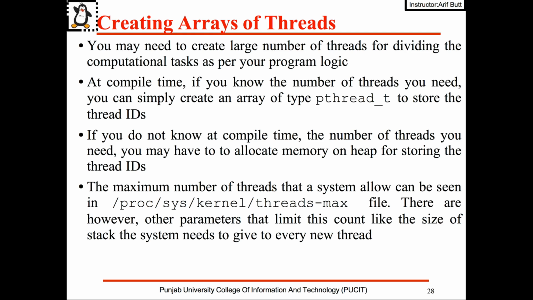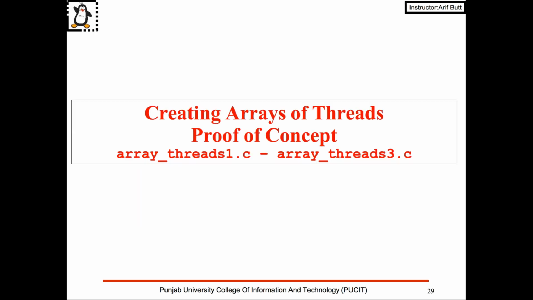But if you do not know at compile time the number of threads you need, you may have to allocate memory on heap for storing the thread IDs. Remember, the maximum number of threads that a system allows can be seen in this file, which can of course be changed: /proc/sys/kernel/threads-max.